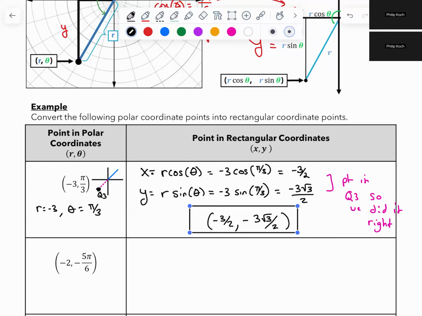Any questions on that? I'd like you to do the next two problems. The good news about converting from polar to rectangular is that there's no need to worry. It's mainly the quadrant 3 thing, just checking our work.